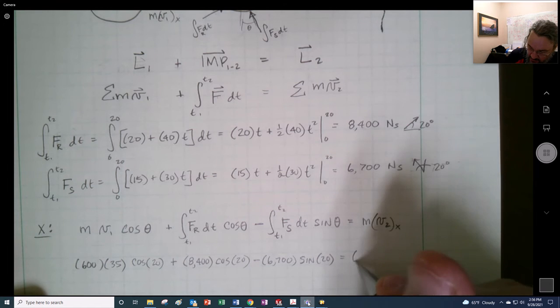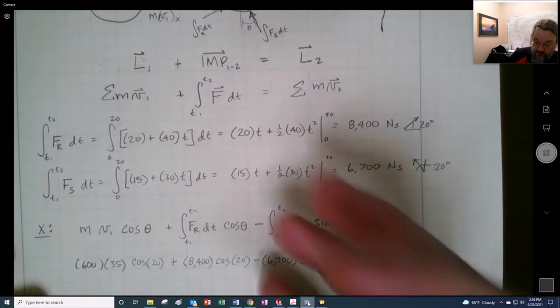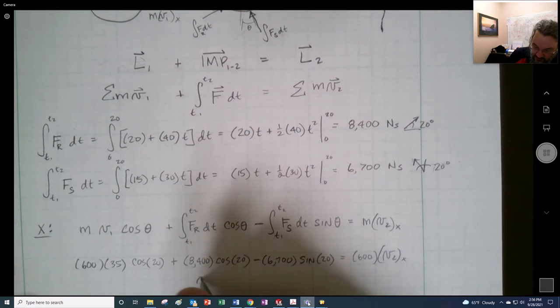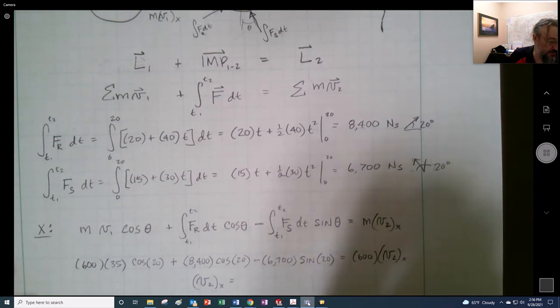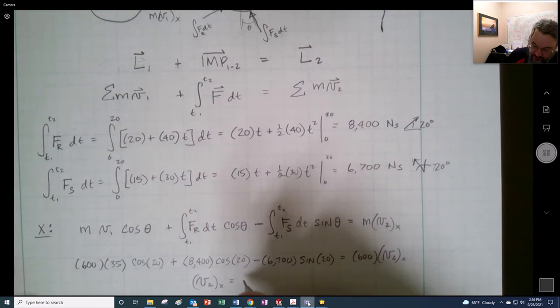It's going to be equal to 600 times V2x. So I'm going to get V2 in the x direction, if I did this correctly, I'm not 100% sure I did, but that's okay. I think I get 42.23 meters per second.